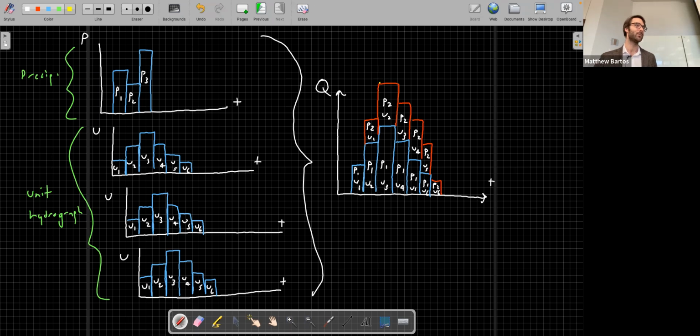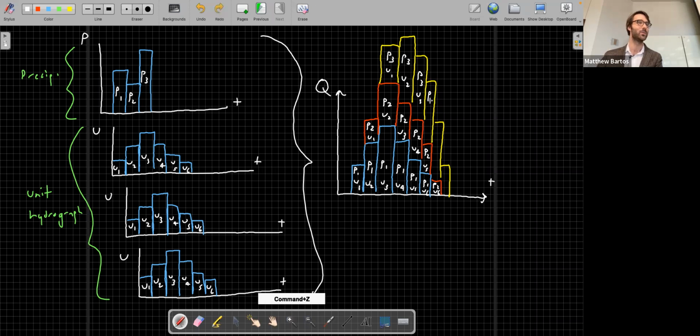Okay, and so this one will be even larger. So we'll end up with something that looks like this. I'm not really going to keep track of scale anymore here, but you will end up with something that looks like this. And again, this is P3 U1, P3 U2, P3 U3, P3 U4. There's no P4, there's P3 U4, P3 U5, P3 U6.